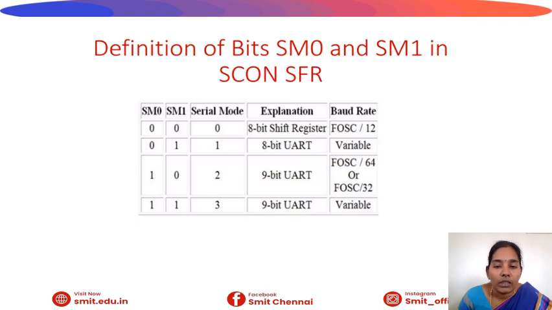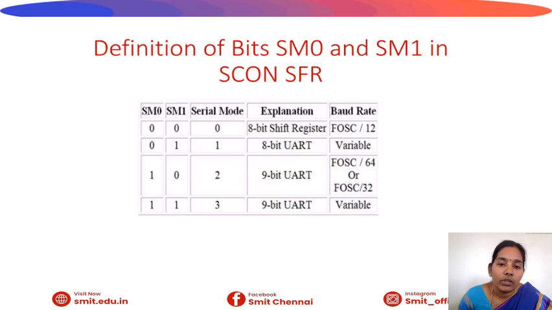You can use it as an 8-bit shift register. The baud rate of the shift register is fosc/12. In serial mode 1, you set SM0 as 0 and SM1 as 1. You can use it for 8-bit UART communication. The baud rate of this communication is variable.